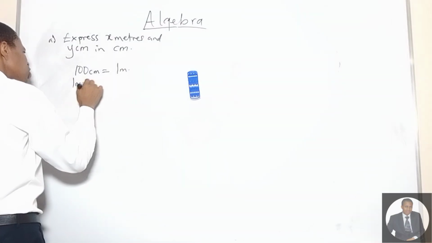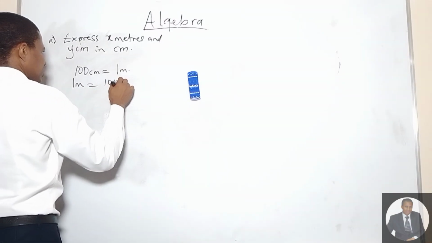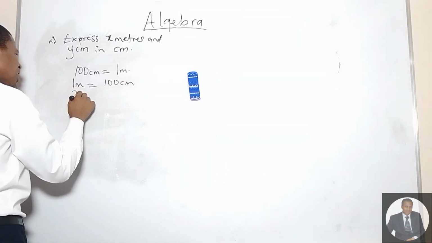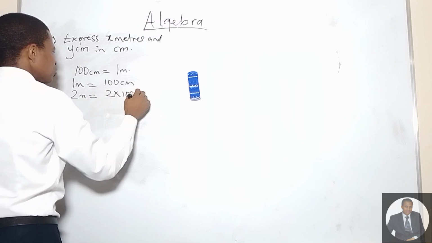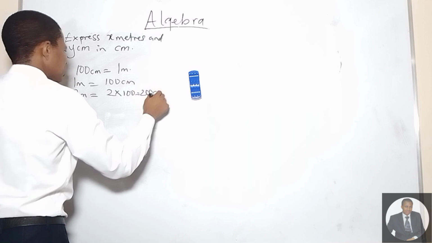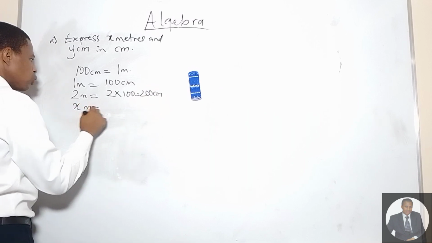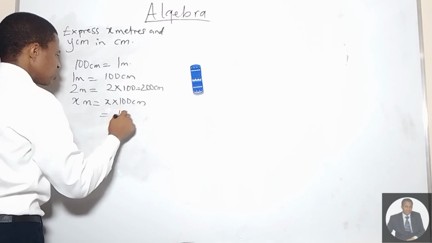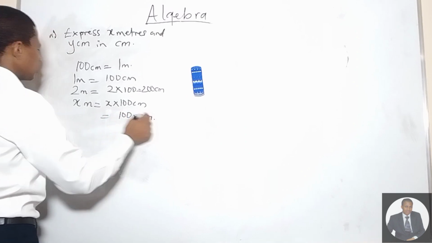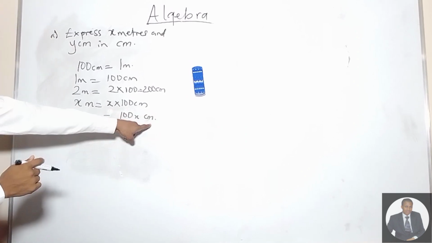So 1 meter equals 100 centimeter. 2 meters equals 2 times 100. That's 200 centimeter. So x meters will be x times 100 centimeter, and that will be 100x centimeter.